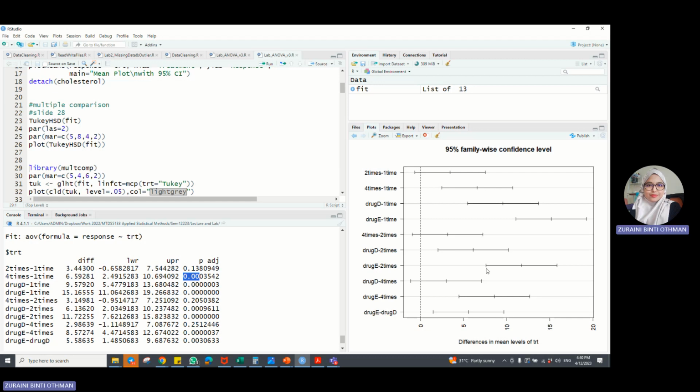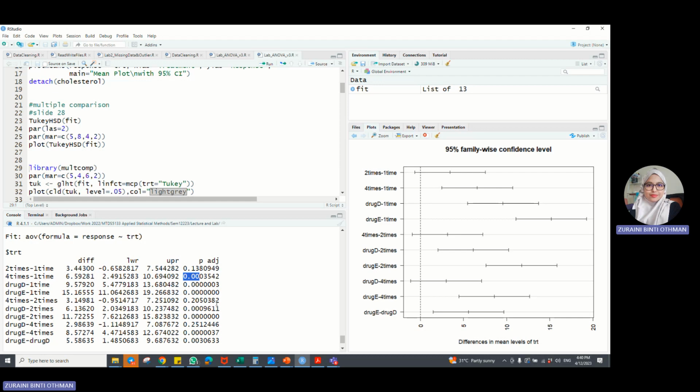The first par statement rotates the axis labels, and the second one increases the left margin area so that the labels fit, which are options covered previously. In this graph, a confidence interval that includes 0 indicates treatments that are not significantly different, which is p greater than 0.05.